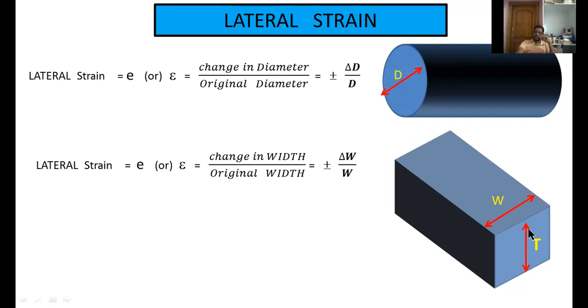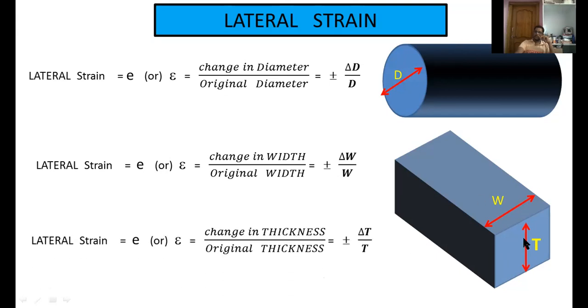So the change in width by original width is called lateral strain, and similarly change in thickness by original thickness is called lateral strain. Change in diameter by original diameter is called lateral strain for circular cross section. Change in width by original width and change in thickness by original thickness, these both are for lateral strain for rectangular or square cross sections.